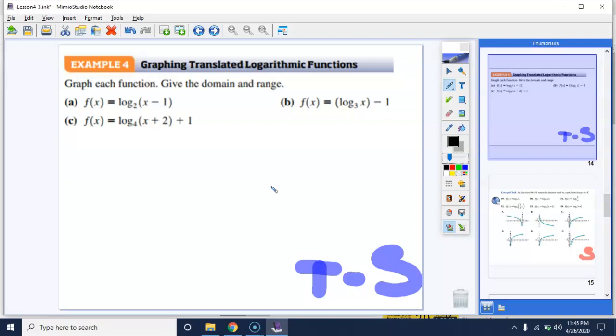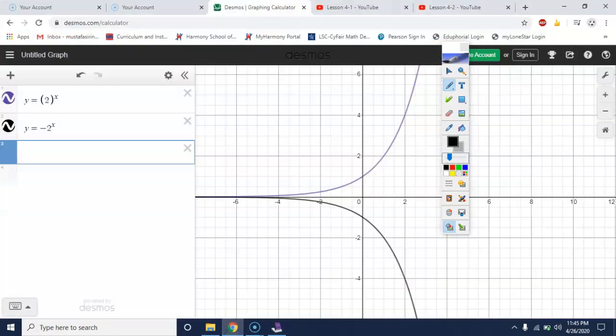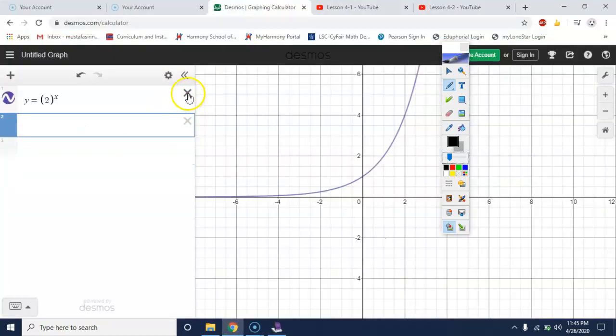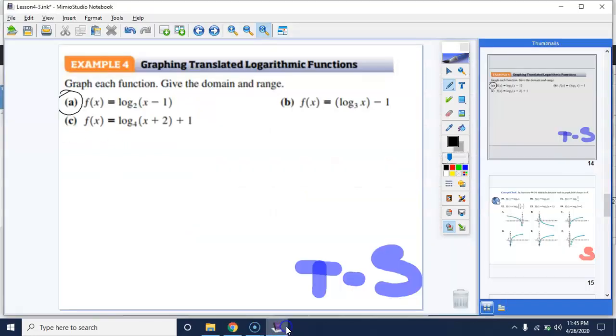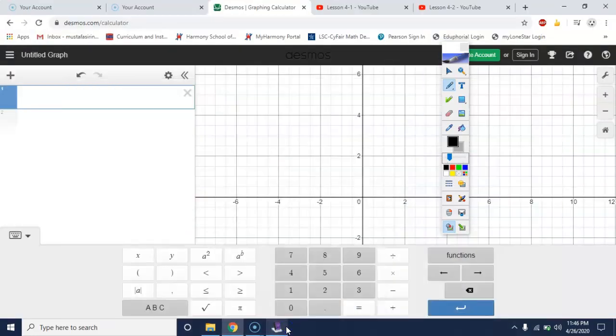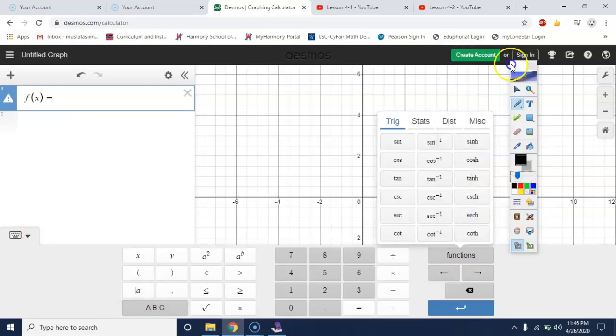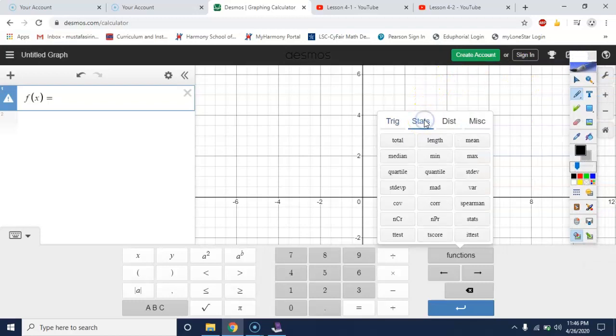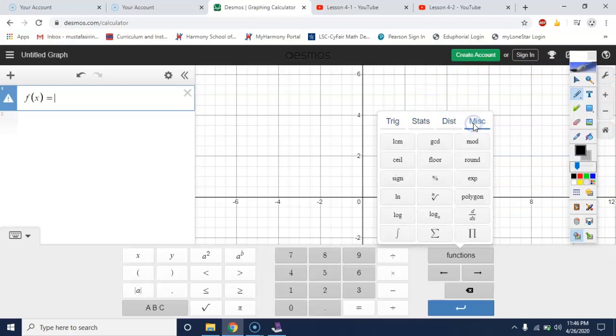So graph each function, give the domain and range. I'm not going to do all, let me just do A, and then you can try B and C. So my function is, let me try A, logarithmic base 2 of x minus 1. Let's go to Desmos first. f of x equals, we go to functions, we have to find the logarithmic one.